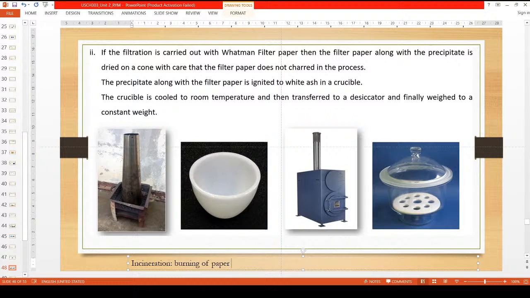So there are two methods, burning of precipitate with filter paper and another one without filter paper. Okay, two methods are there, burning with and without filter paper. So this is called the incineration process.